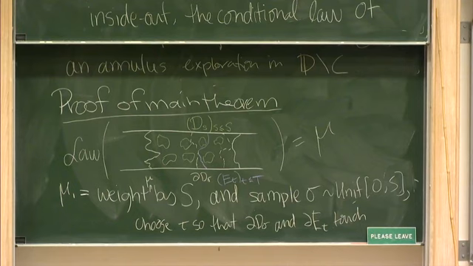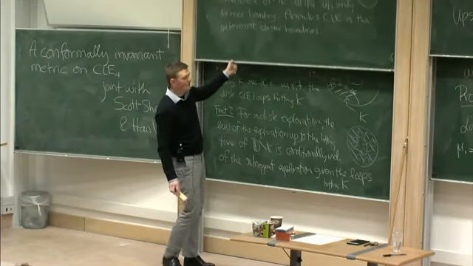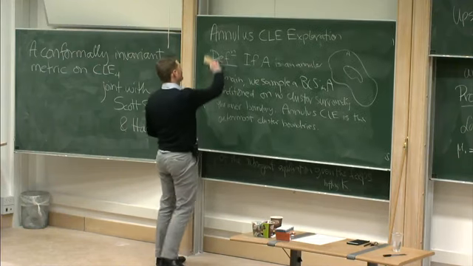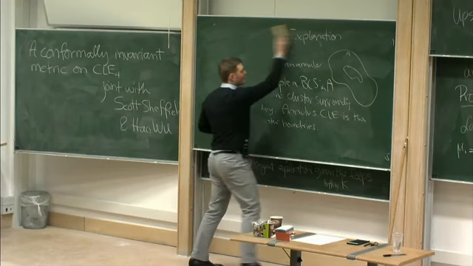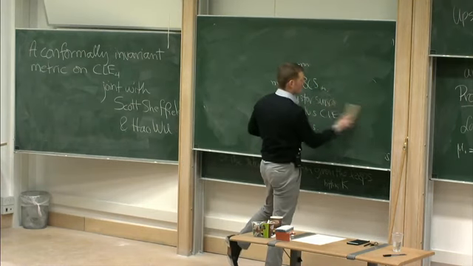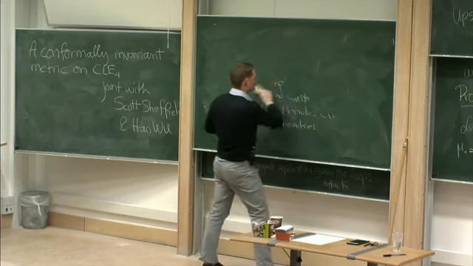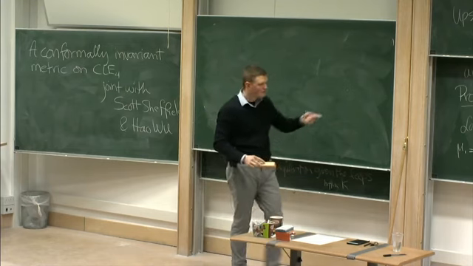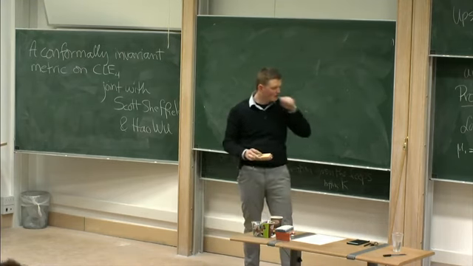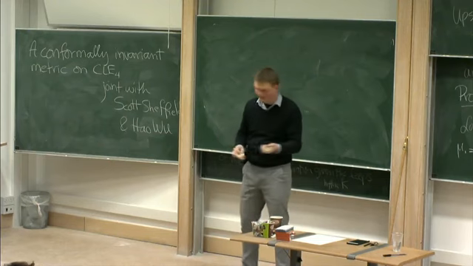So that's mu1, and then I'm going to also have mu2, which is going to be the same thing, except with forward and backwards reversed. So I'm going to choose tau now uniformly between zero and capital T, and I'm going to choose sigma so that it touches.